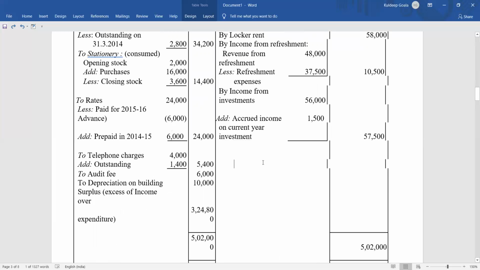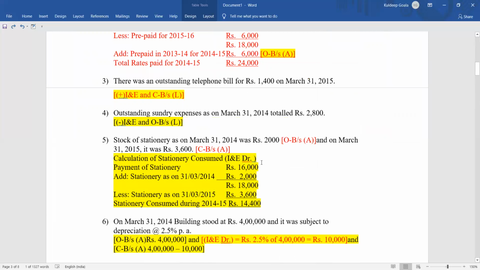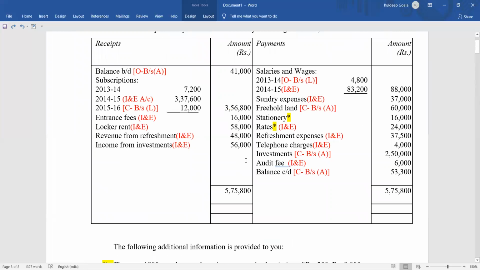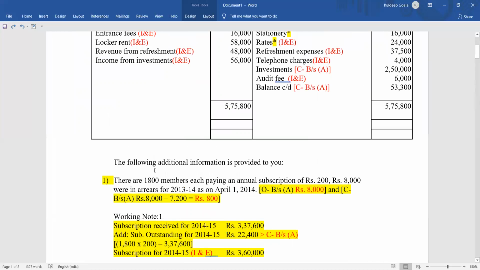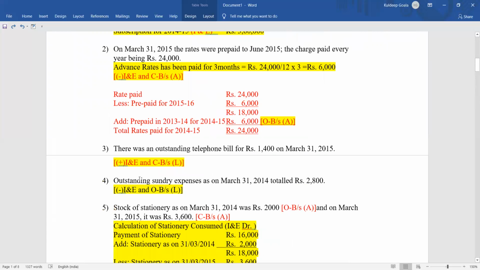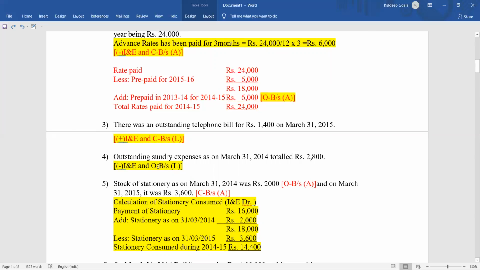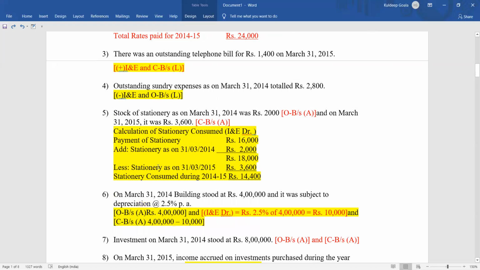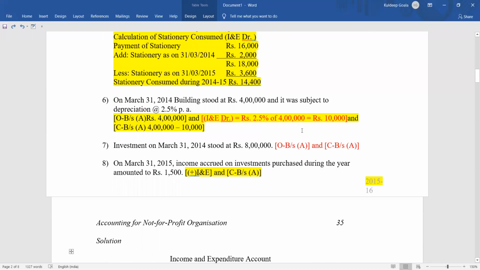Now let's go to the next item. What is there in the income side? There is no item in the receipt side. Now let's go to the adjustments and see what else is left. Number one is over subscription. Number two is over rates. Number three is also over telephone bill. Number four, sundry expenses, is over. Stationery is over. Then building is also over, the depreciation of a part.